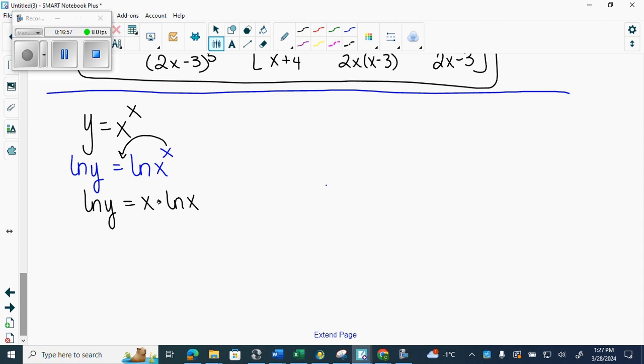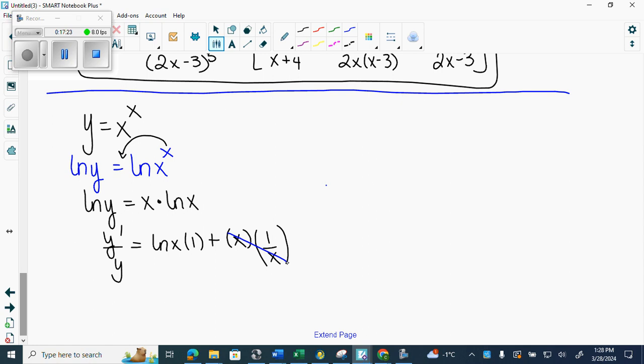Example 5. So we get y prime over y equals, and then we have to do product rule. So g, which is ln x, f prime, which is 1, plus f, which is x, and the derivative of ln x is 1 over x. So these cancel off. Does that mean you get 0?